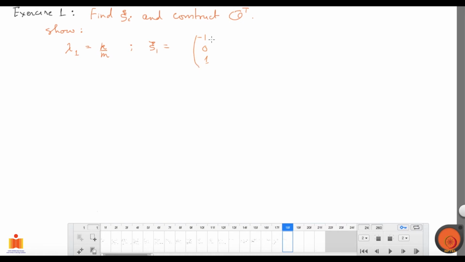And as I said, we should normalize it, which means I should divide it by a constant c1, where c1 will be just the square root of xi1 squared. If you do so, then the vector xi1 will be normalized.